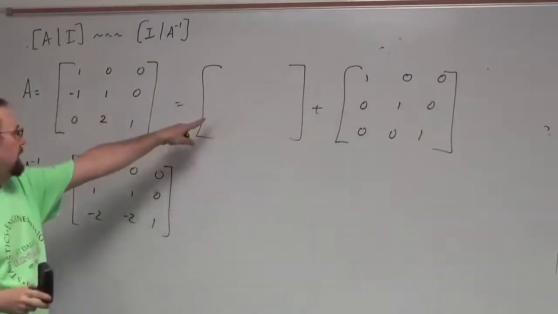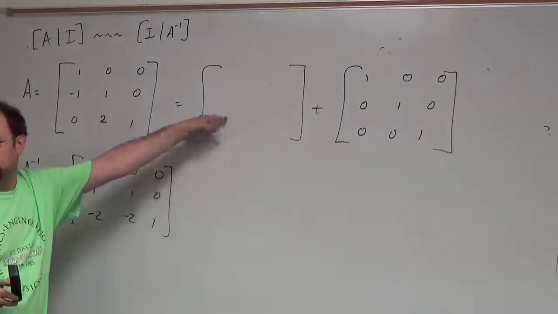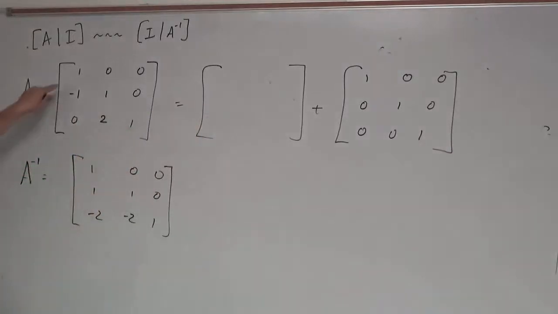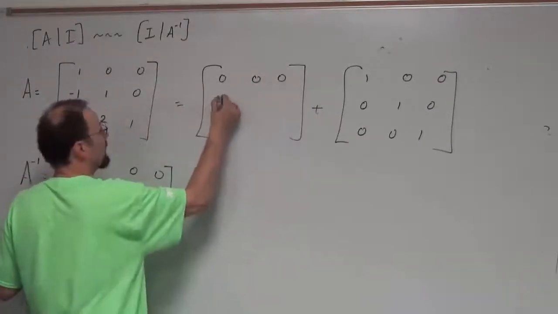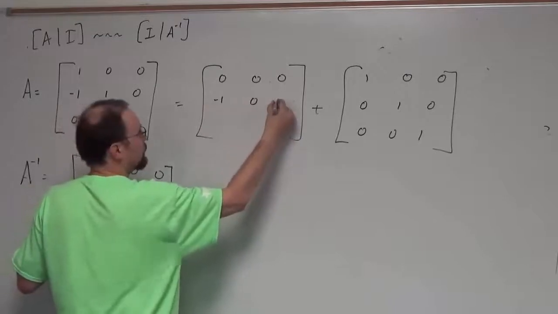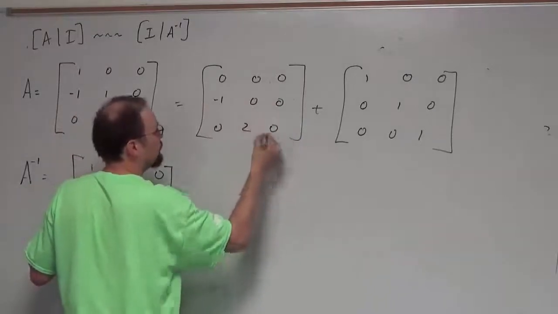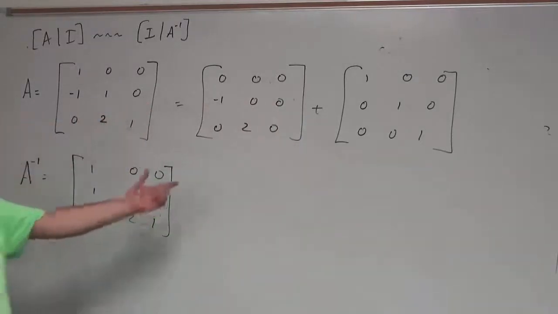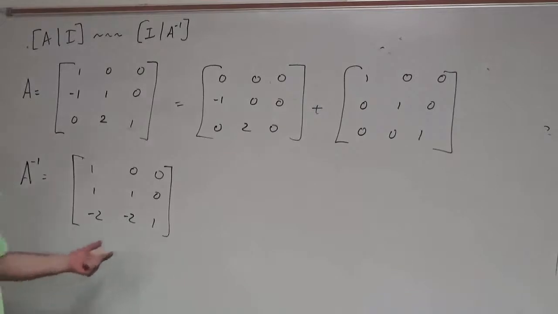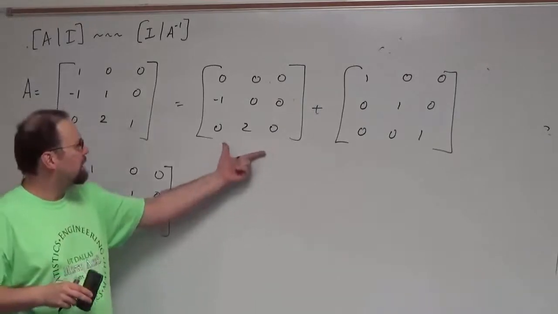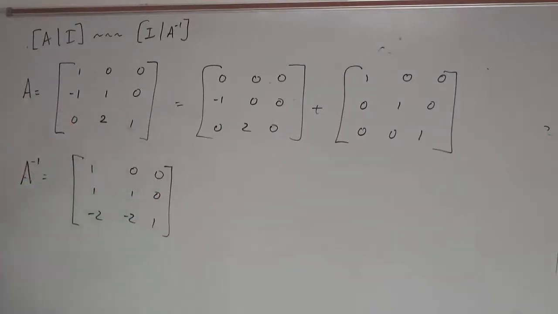And what would the matrix be? It would be just everything but the diagonal ones, right? So we would get 0, 0, 0, -1, 0, 0, 0, 2, 0. You agree that this matrix plus that identity gives you the original A. And this matrix is, well, it has a nice property.